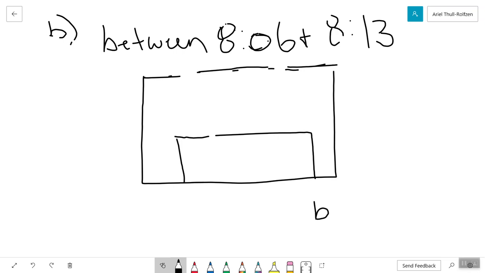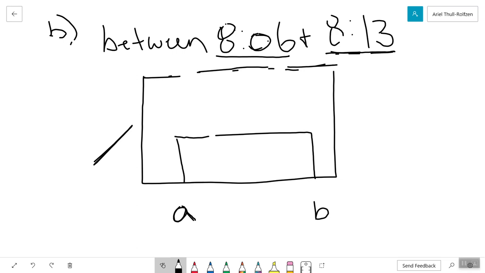I need to know B, I need to know A, and we're going to talk about the height in a little bit. So, when I'm looking for B and A, I'm going to look up here at the times they're giving me. They want to know the probability of the train arriving between 8:06 and 8:13.